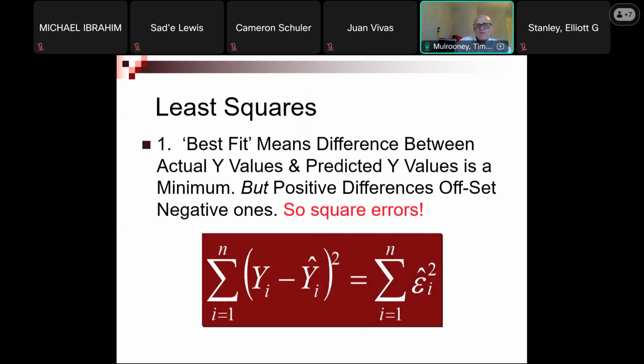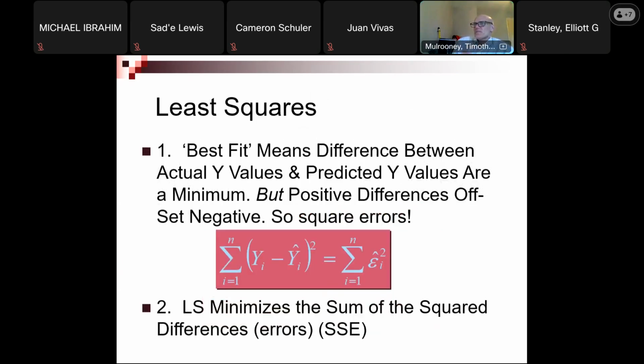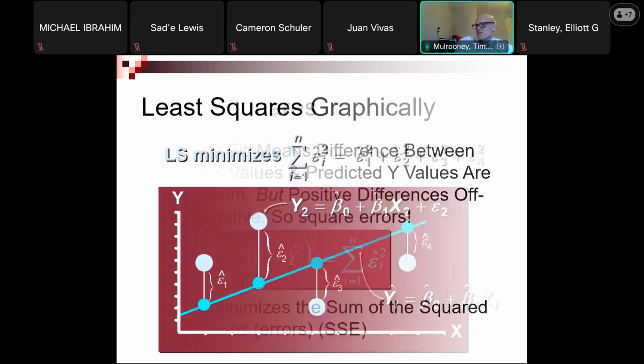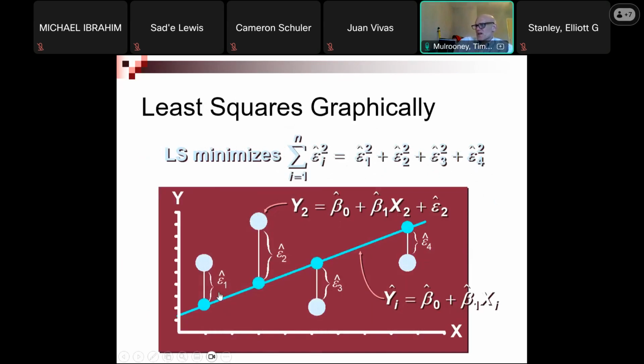Basically what we want to do is minimize our variance, in a very general term, between the line, the predicted value, and each of these points here. So best fit means the difference between the actual y values and predicted values is at a minimum, but we need positive differences to offset negative differences. And so we draw this line right here so that these values are minimized if we add them all up or square them.